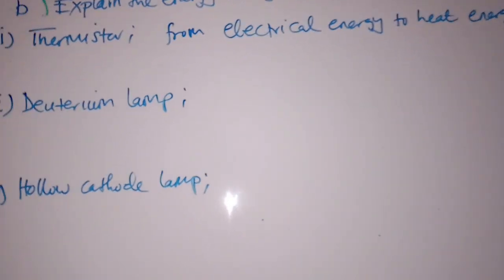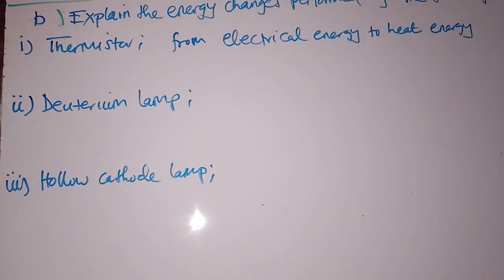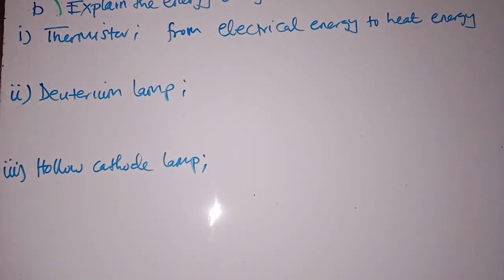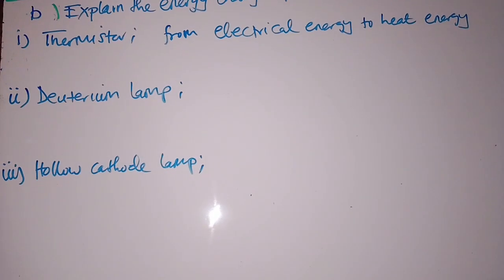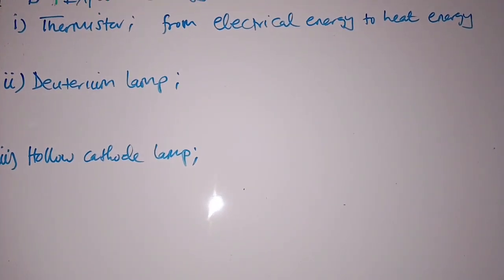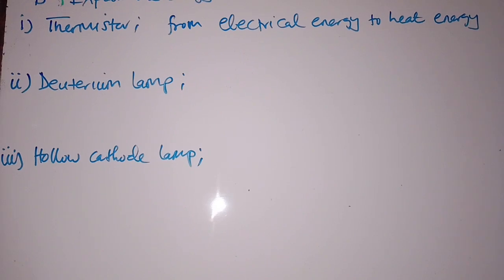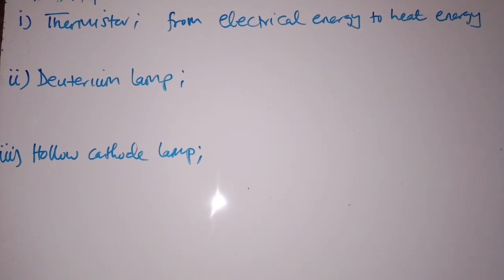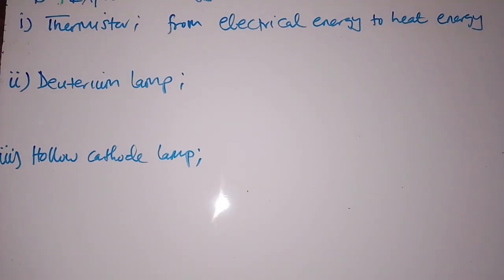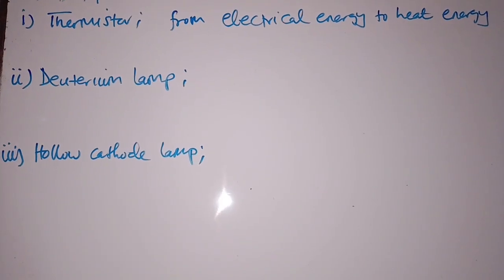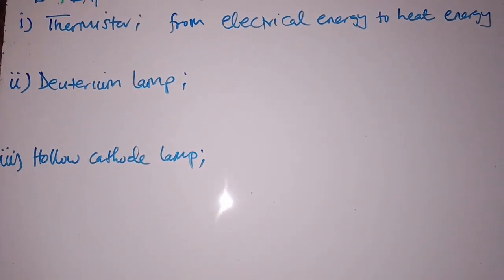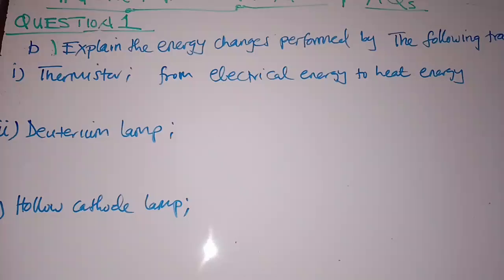Deuterium lamp. The deuterium lamp is also used in the atomic absorption spectrophotometer, as is the hollow cathode lamp. It is used in those machines where you need to determine the mineral content in a solution or just a solid, where you break down the electrons in a sample to determine its concentration and its mineral content.